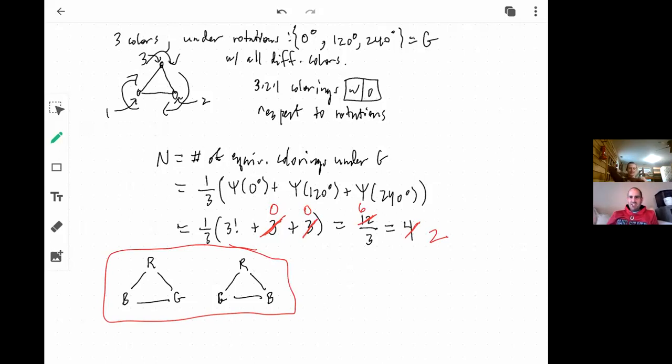No, so basically you can restrict the colorings you're looking at. I'm only going to consider colorings where everything's different or like adjacent things are different or something. But you can also restrict the group, because I didn't just have to look at rotations. I could have also thought about reflections, like through an axis. Would the work we did here have been the same if we had allowed reflections?